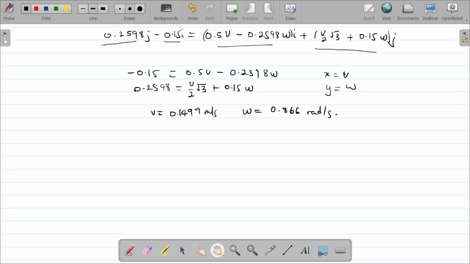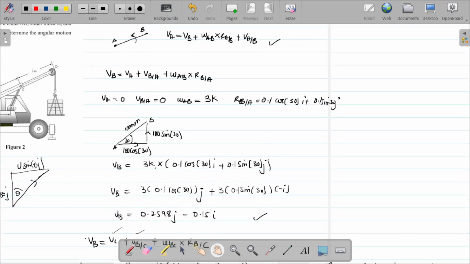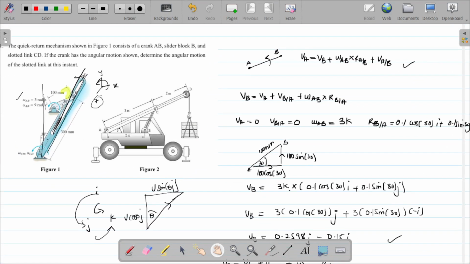Okay, so the sliding velocity of B with respect to C is equal to 0.1499 meter per second, and then the angular velocity of length BC is equal to 0.866 rad per second. So this is the angular velocity of the length BC.